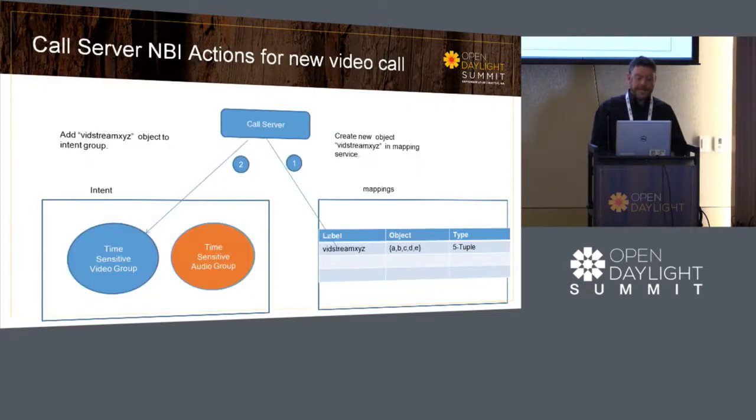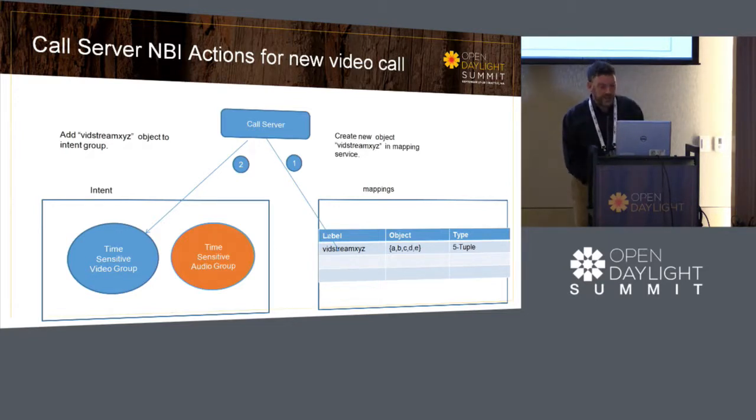And so in the universal communications use case, what it means to do this based on intent rather than on the more traditional model is we basically are working with a Skype call server, and every time it sets up a new audio or video session, it randomly assigns a TCP or UDP port.